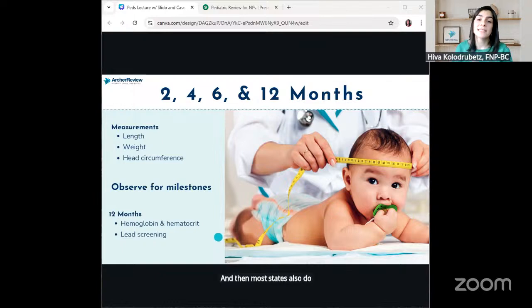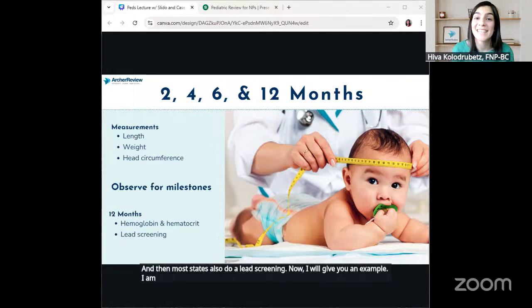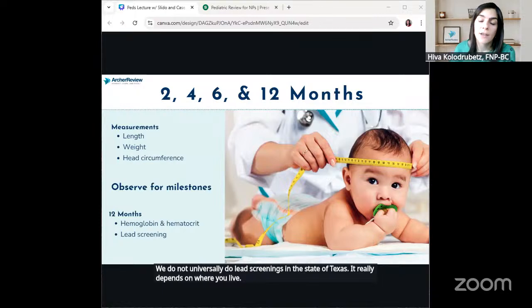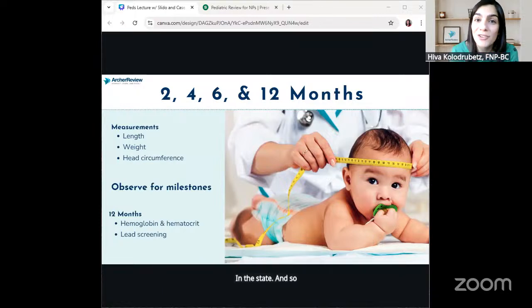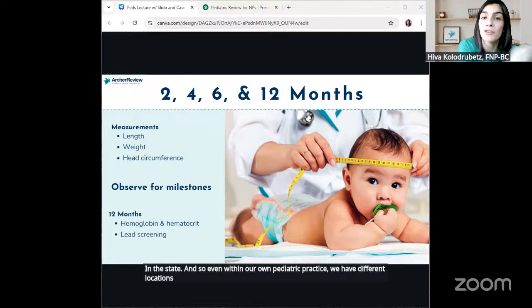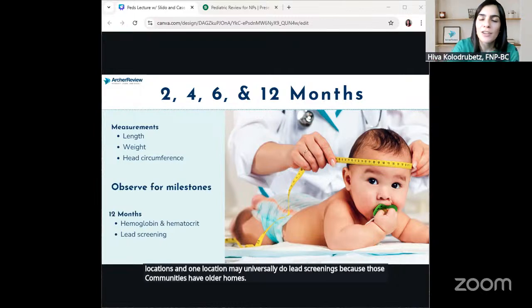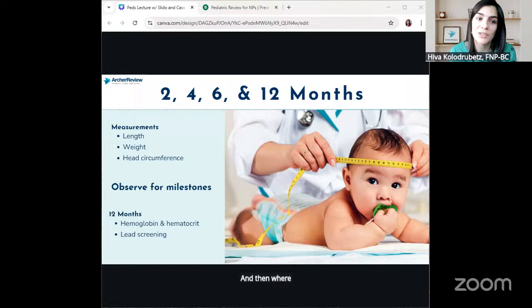Now, I will give you an example. I am practicing and living in the state of Texas. We do not universally do lead screenings in the state of Texas. It really depends on where you live in the state. And so even within our own pediatric practice, we have different locations, and one location may universally do lead screenings because those communities have older homes, whereas another location may not routinely do lead screenings because those homes are newer built.